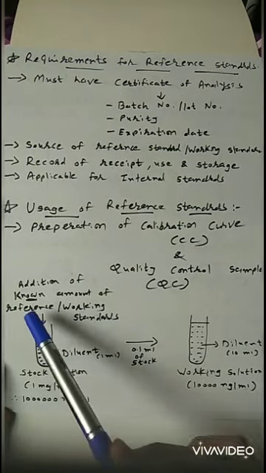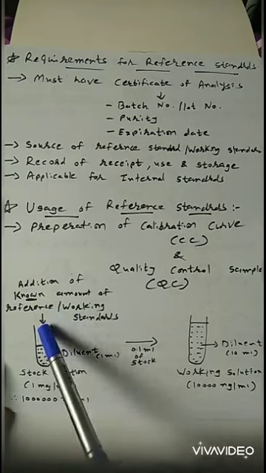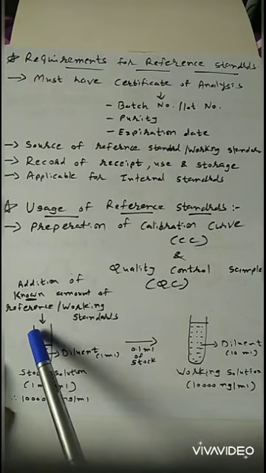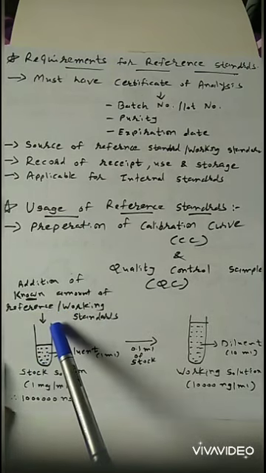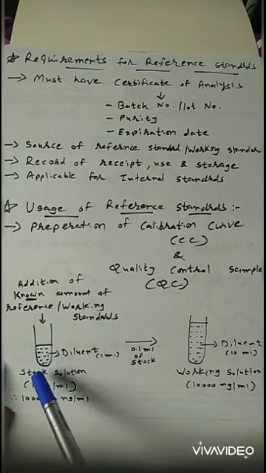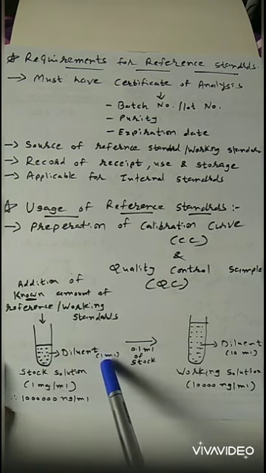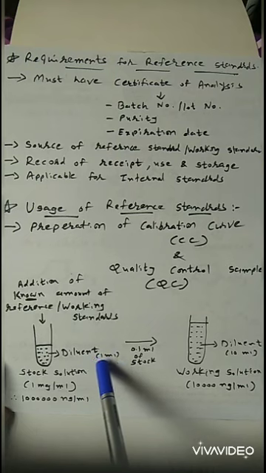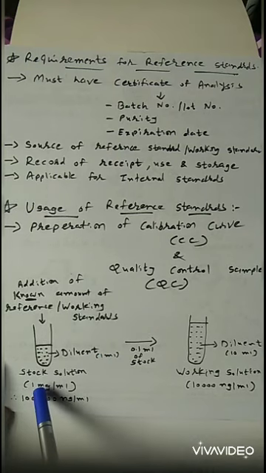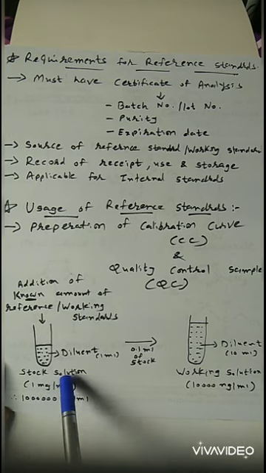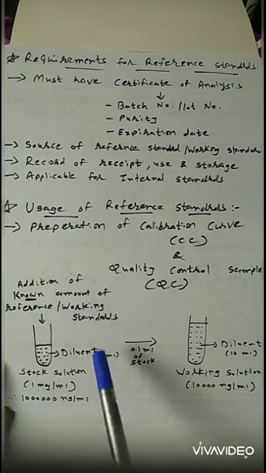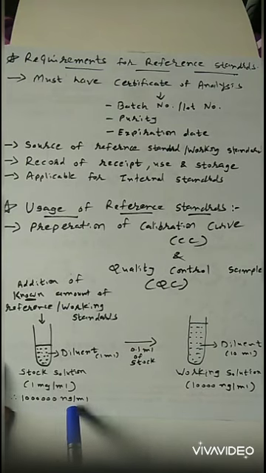This is the addition of a known amount of reference standard or working standard. For example, this is a test tube. This is the diluent, and this diluent is approximately 1 ml. If I make a stock solution of 1 mg per ml, that means in 1 ml I have 1 milligram of reference standard, that means 1 million nanogram per ml.